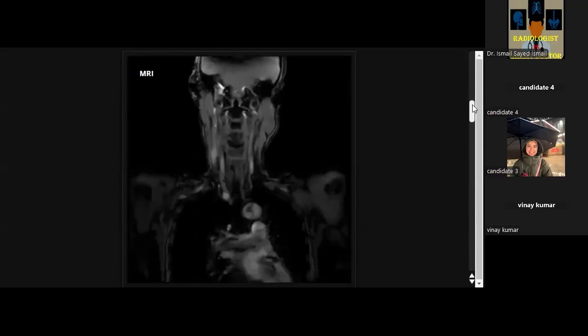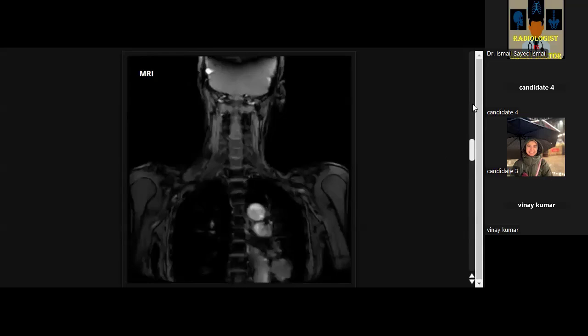Let me give you this slice. I can see a T2 hyperintense lesion involving the left hilum. Yes, and the mass below your pointer. There is a mass. I can see a T2 hyperintense lesion in the left hilum extending into the infrahilar region.